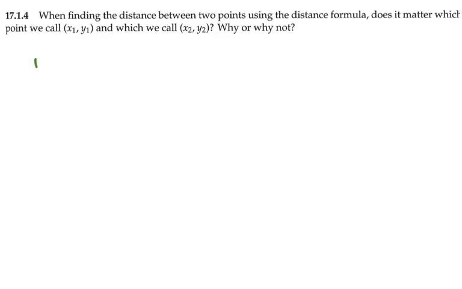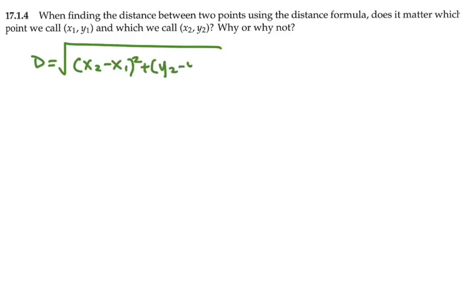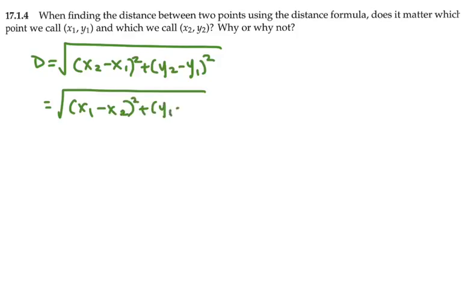How about the next one? When we are doing the distance formula, does it matter which one comes first as the first point? The distance formula, which comes from the Pythagorean Theorem, would have given us the square root of (x2 minus x1) squared plus (y2 minus y1) squared. Or if I had to switch those two numbers, then I would have gotten something like this. I understand that x2 minus x1 and x1 minus x2 in themselves are not the same.